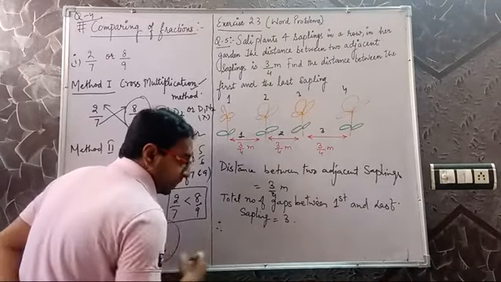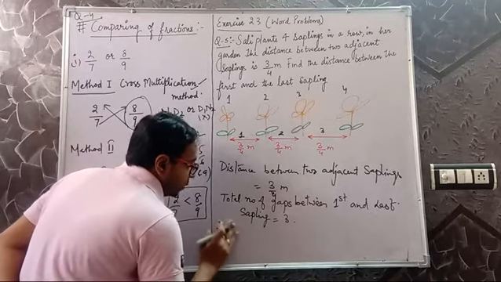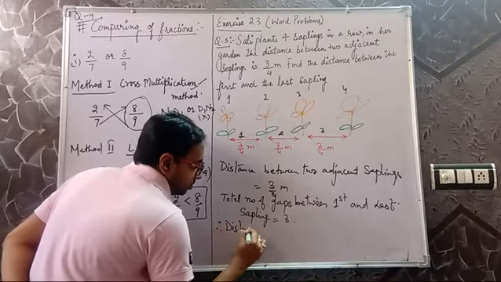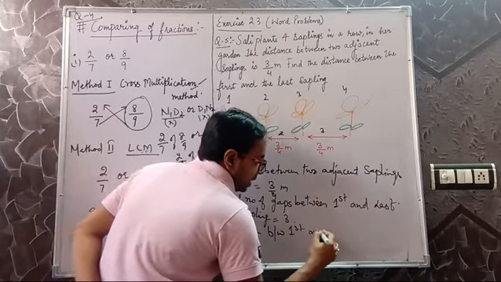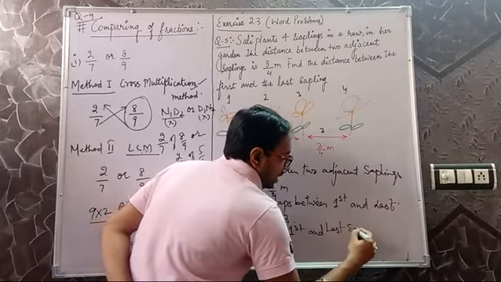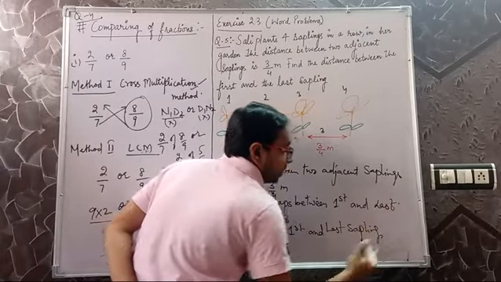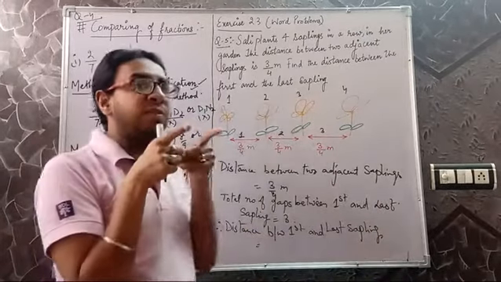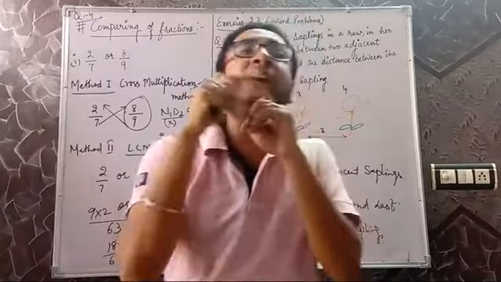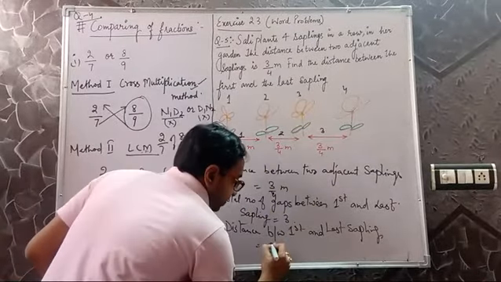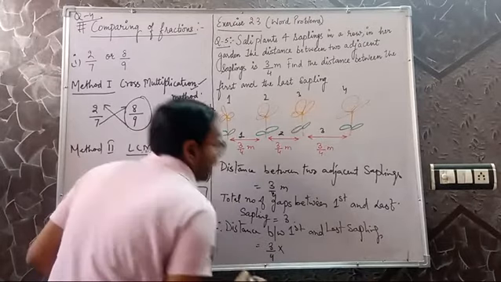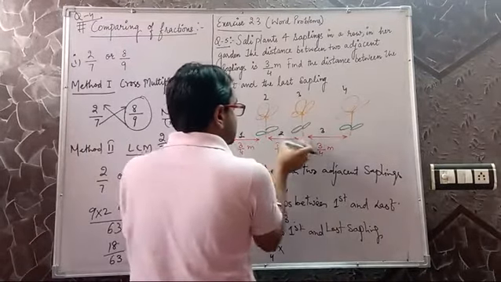Therefore, can I say the distance between first and last sapling is the one gap times how many gaps there are? So the distance between 2 adjacent saplings is 3 by 4. How many such gaps are there? 1, 2, 3.